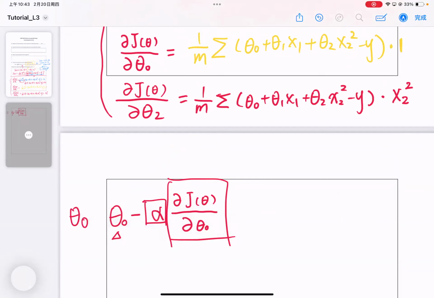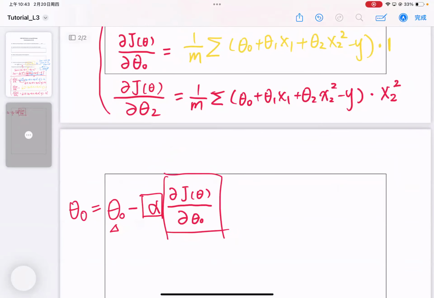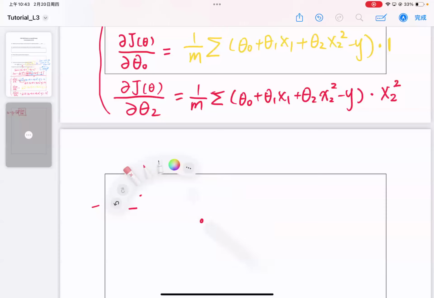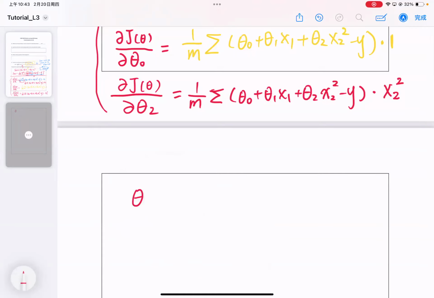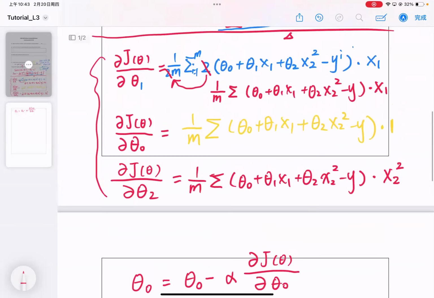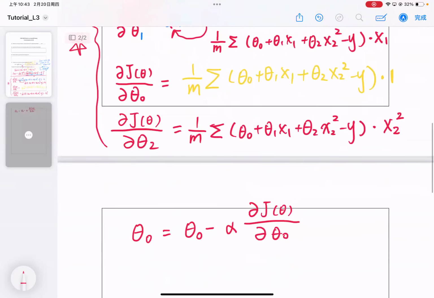So the new theta 0 is equal to the old theta 0 minus the learning rate, okay? Rewrite it. For each theta, the update equation is theta 0 equal to theta 0 minus the learning rate times the gradient, because you've already written the gradient here. So you don't need to write it here again.